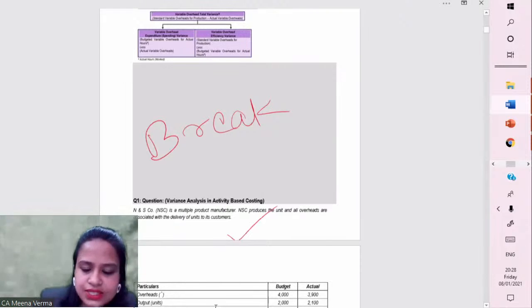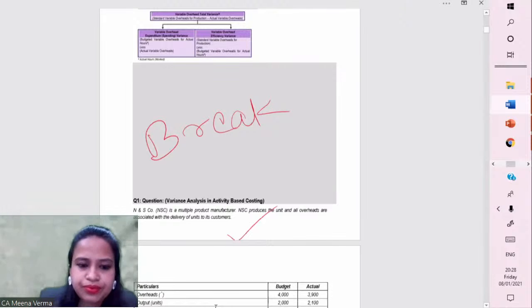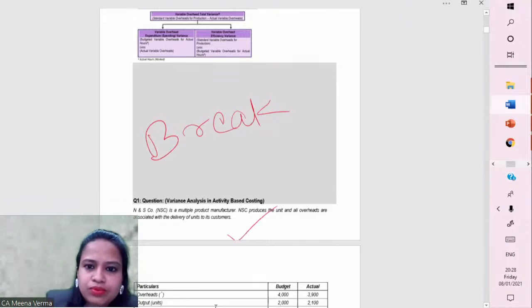Next, what is the expenditure variance? How to calculate the expenditure variance?